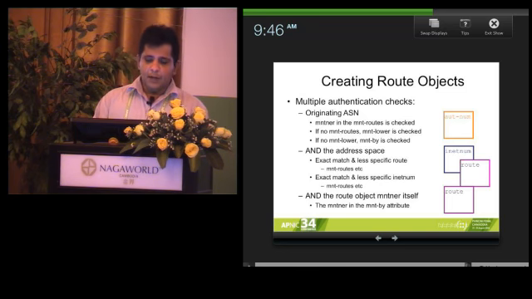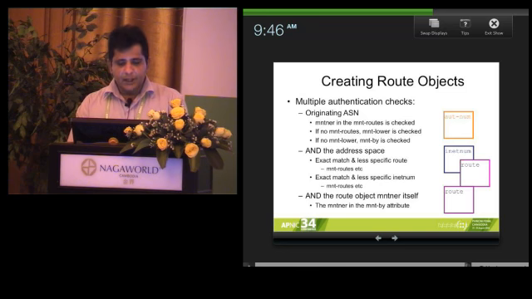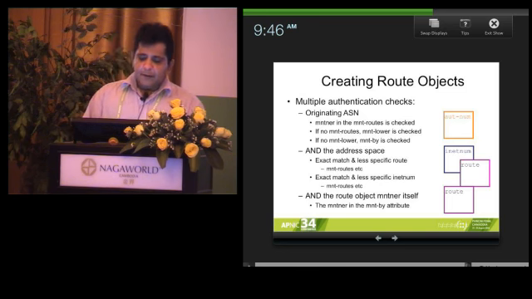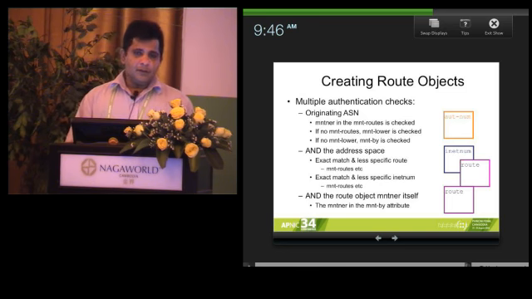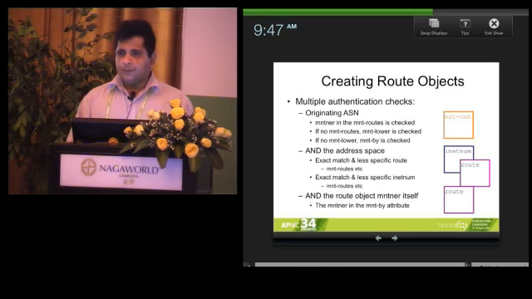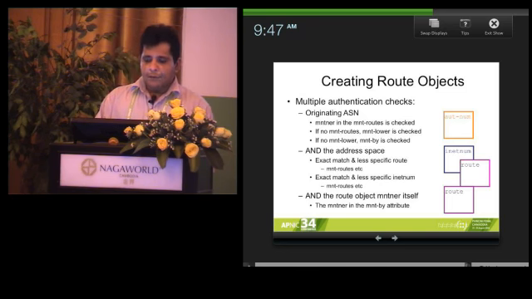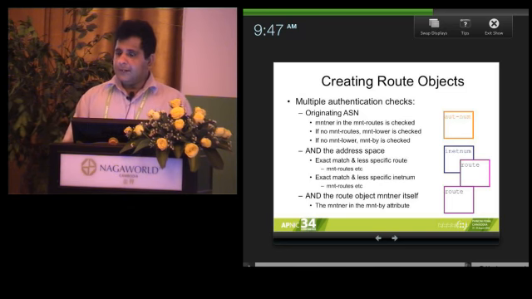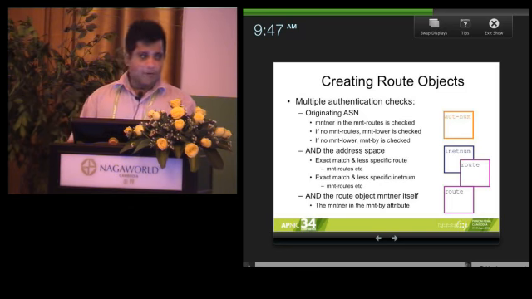The first one is the originating AS number. In this case, the maintainer in the mnt-routes is checked. Remember I told you 3 types of maintainers: mnt-by, mnt-lower, and mnt-routes. So first it will check for the mnt-routes, right? If there's no mnt-routes, mnt-lower is checked, and if there's no mnt-lower, then the mnt-by is checked, right? So that's how it is.